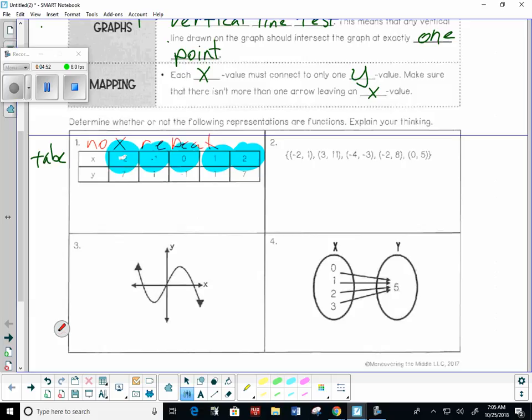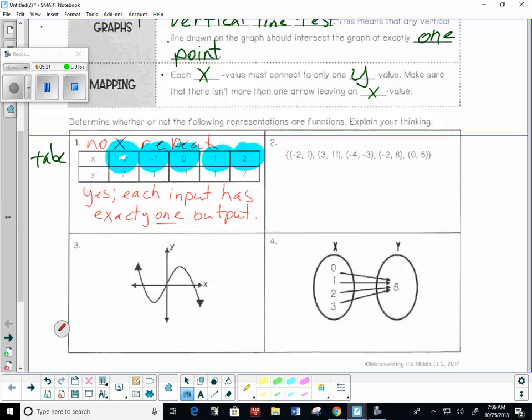So is this a function? Yes, it is, because each input, each one of our x values, has exactly one, very important word, output. That is a valid explanation.